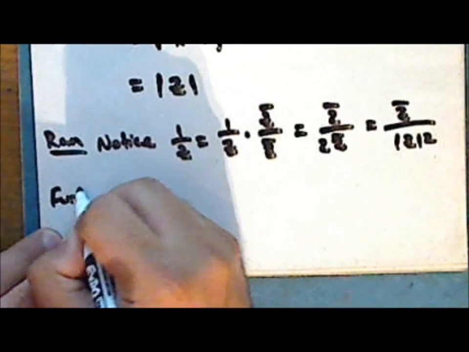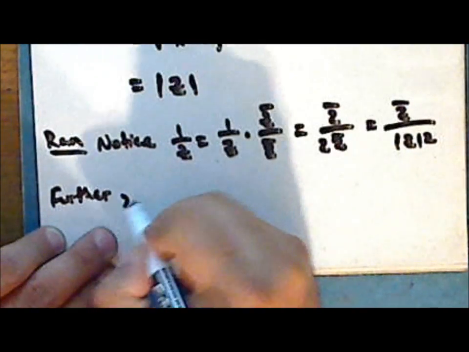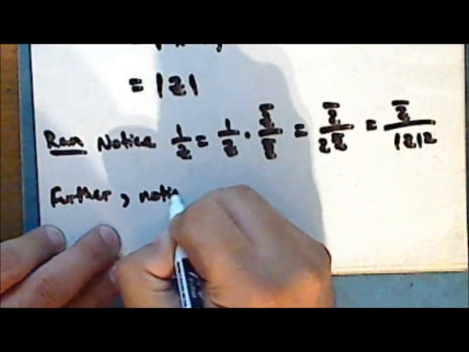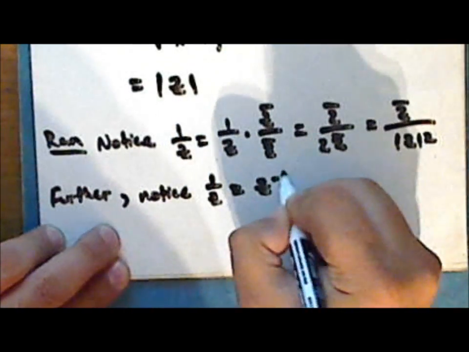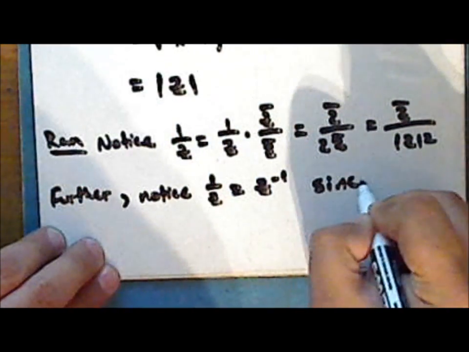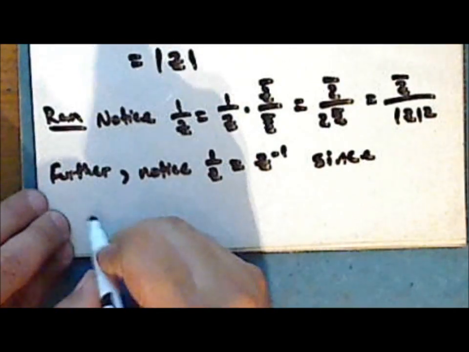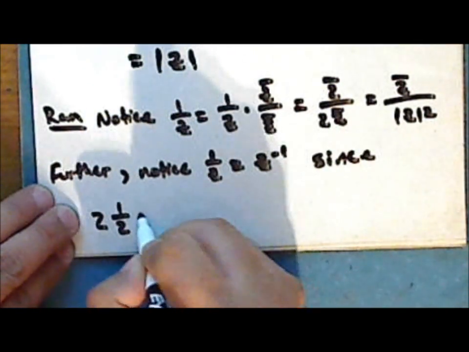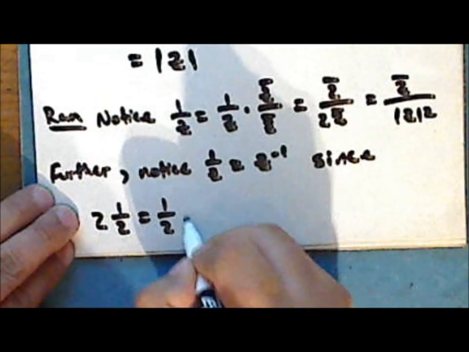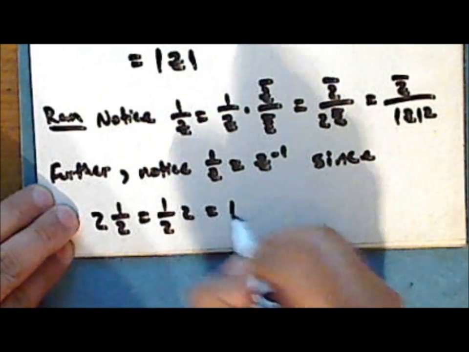Further, notice that 1 over z is the inverse of z, since z times 1 over z is equal to 1 over z times z, which is 1.